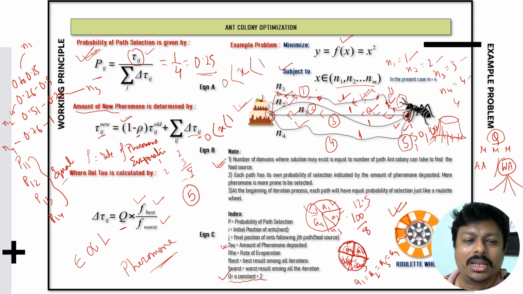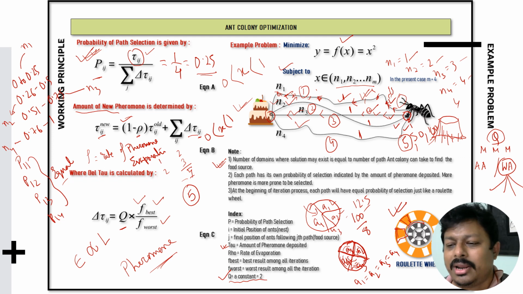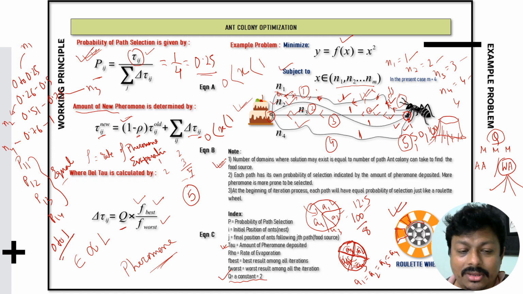Okay. In the next step, as there are 5 different ants, we randomly generate 5 different random numbers. This random number generator will follow a uniform distribution and will generate any value within 0 to 1.